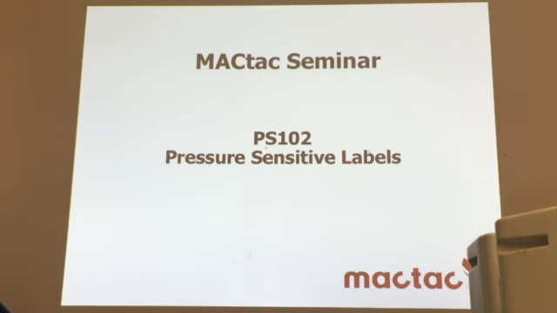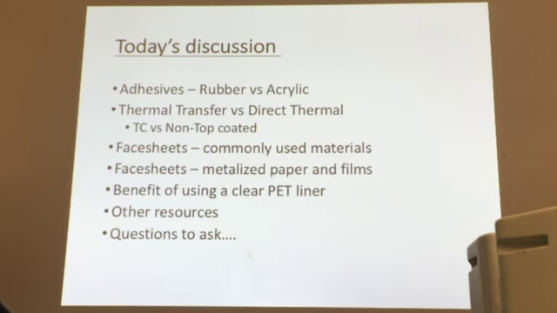All right, so I'm just going to jump in here. Today we're going to talk about adhesives. There are two types of adhesives, rubber-based and acrylic, and there's a purpose for each one for different applications. I'm going to demonstrate how you know when to use what. We're going to talk about thermal transfer, direct thermal, and with direct thermal, top coat versus non-top coat.